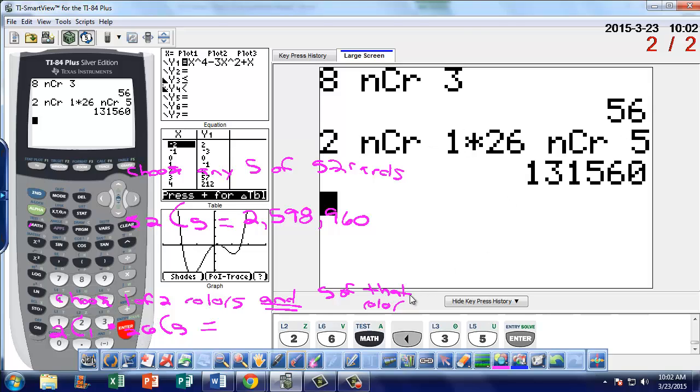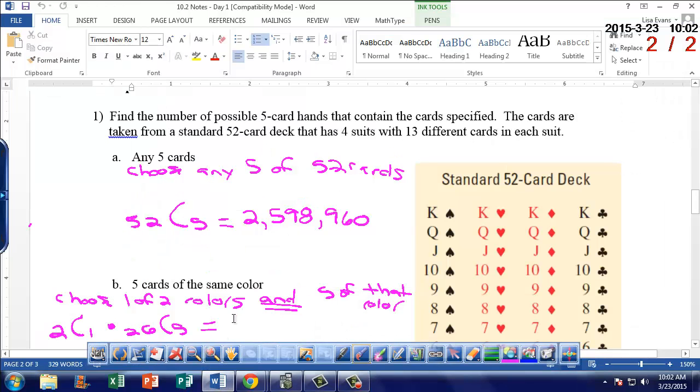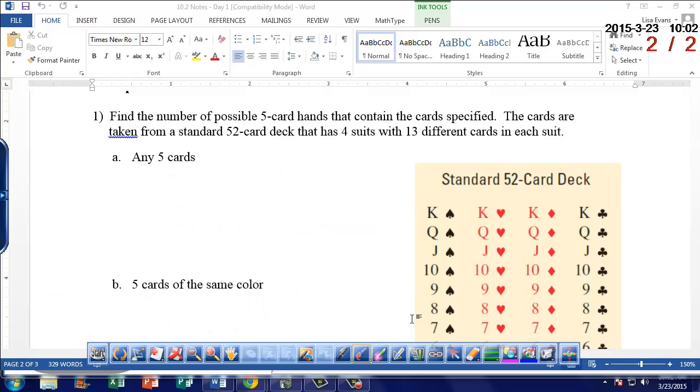Here we go. This would be our answer. This is going to equal 131,560. Okay, so see how we're going to get a little complicated. Let's go ahead and continue on.